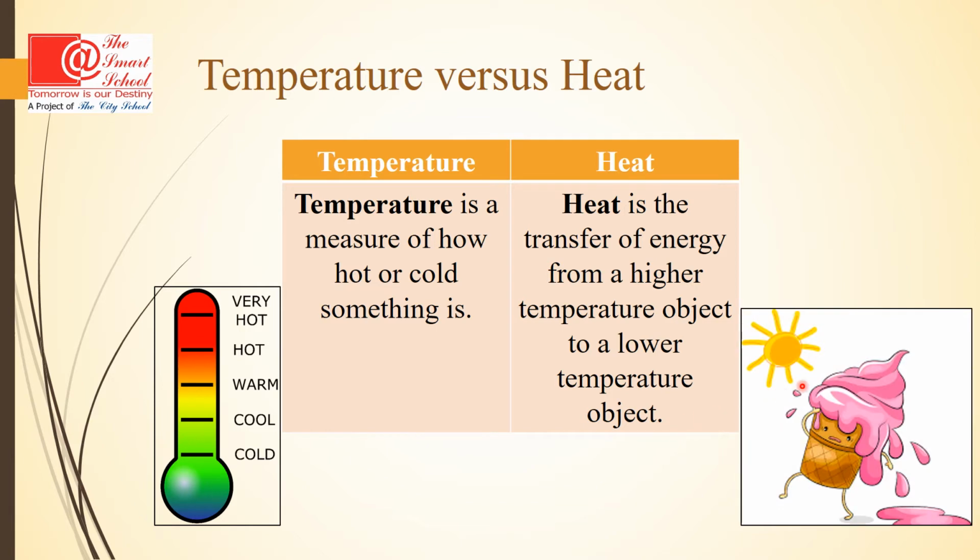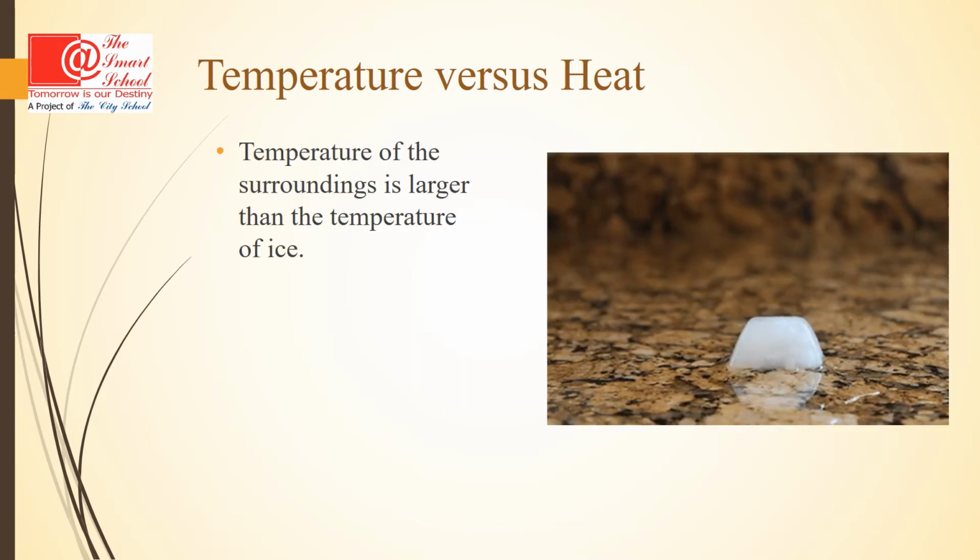In this picture, heat from the sun is melting ice cream. The sun is at a higher temperature than the ice cream. That is why heat is transferring, causing the ice cream to melt. The temperature of the surroundings is larger than the temperature of this ice cube that you can see.